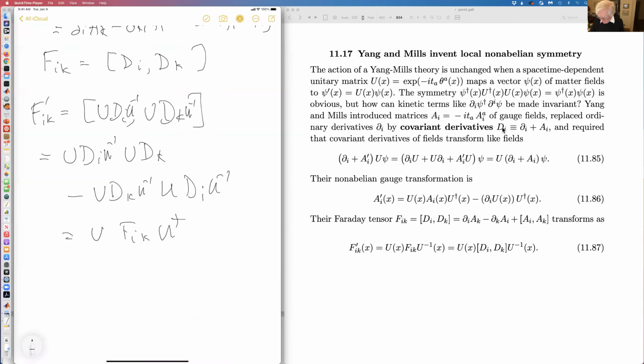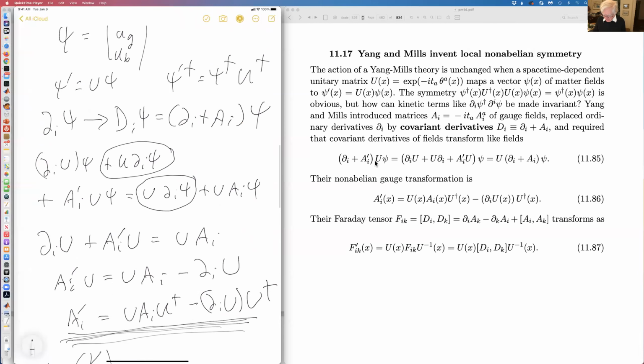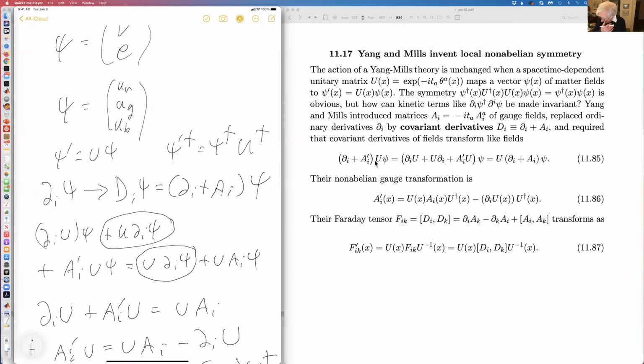Now, where did the U inverse come from? Well, here you see, you have here the D. You want the primed A_i to cancel this U, so you have to have a U inverse there. So let me go back to the original equation.